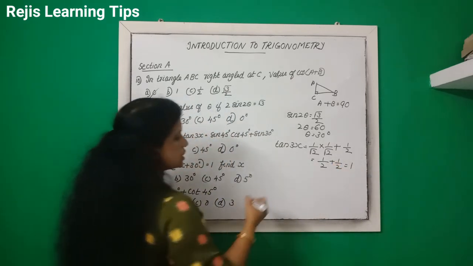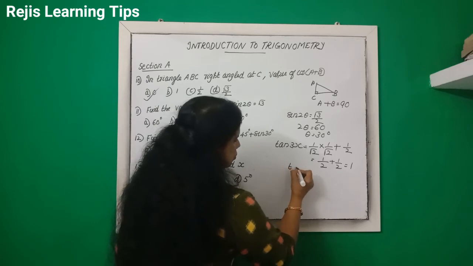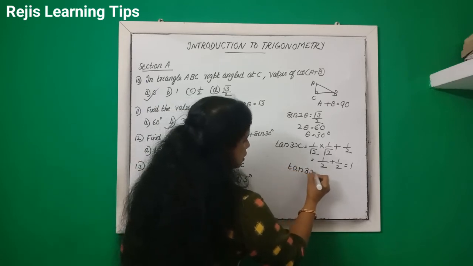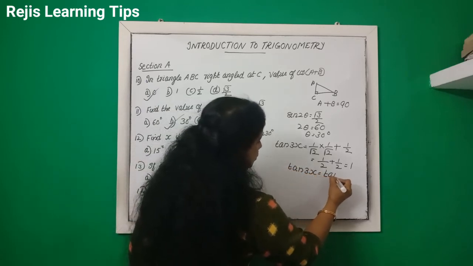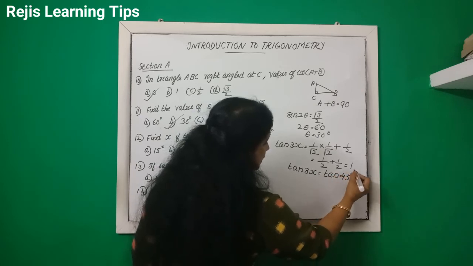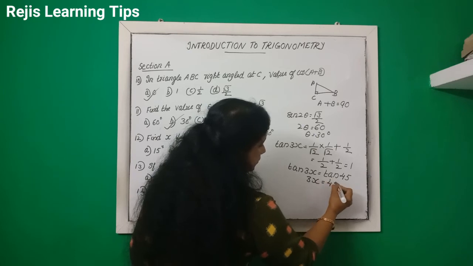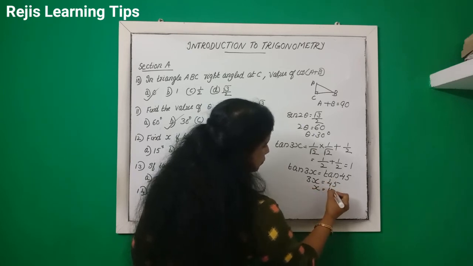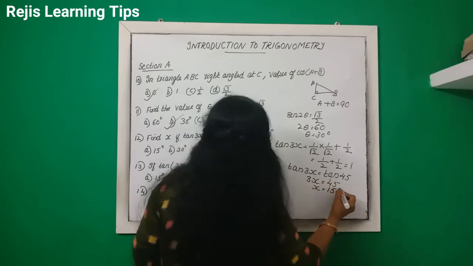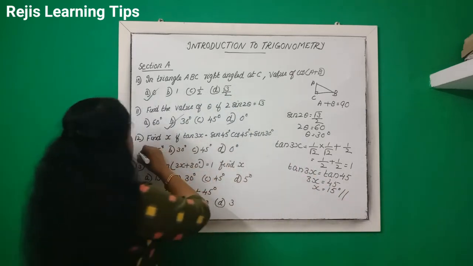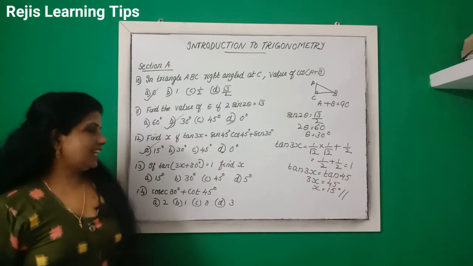Tan 3x is equal to 1, so tan 3x is equal to tan 45. Therefore 3x is equal to 45, therefore x is equal to 45 by 3, that is equal to 15. So option A.